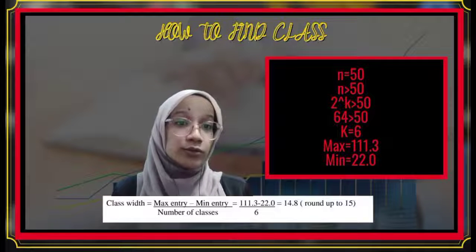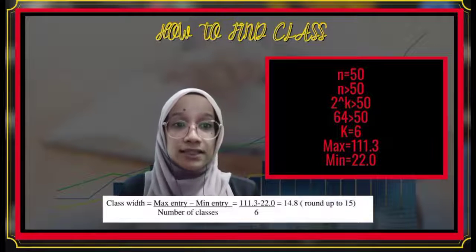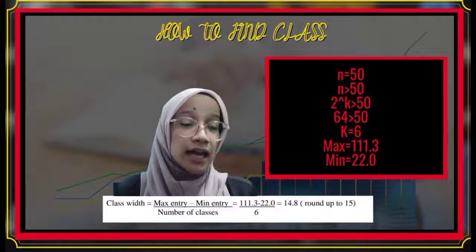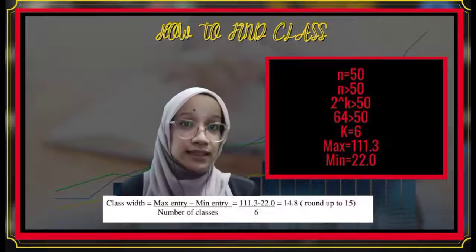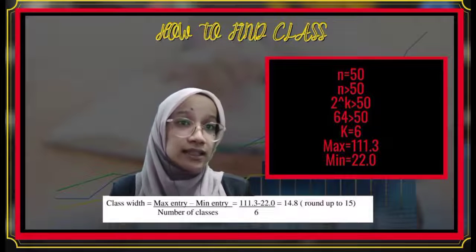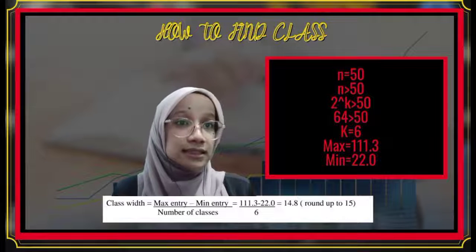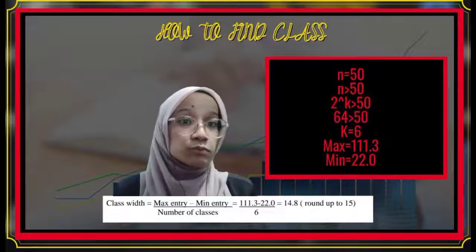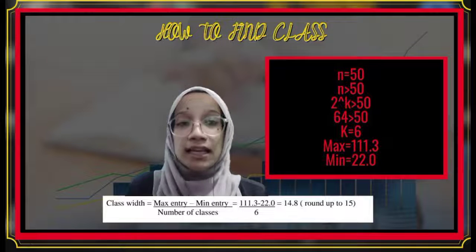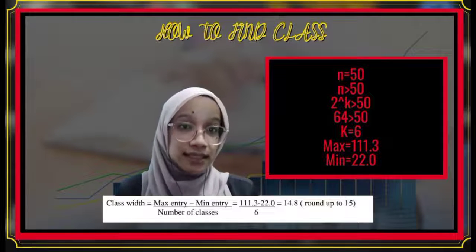The first step to calculate the class width is we need to find the maximum entry and minimum entry in the data that we have selected. From the data given, we got 111.3 as the maximum entry and 22.0 as the minimum entry. And the number of classes is 6.